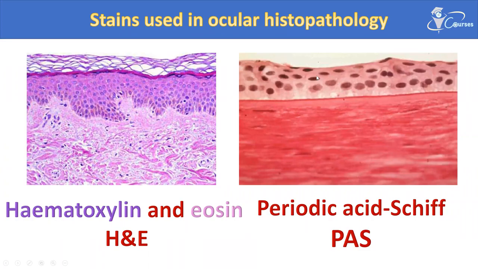If you remember from the basic sciences, when you read that Descemet's membrane is collagen type 4, how did we know the type of the collagen? This is by a specific stain which stains the basement membrane. The basement membrane is usually stained by the periodic acid Schiff, and it can also be used for identification of fungi, as I told you.